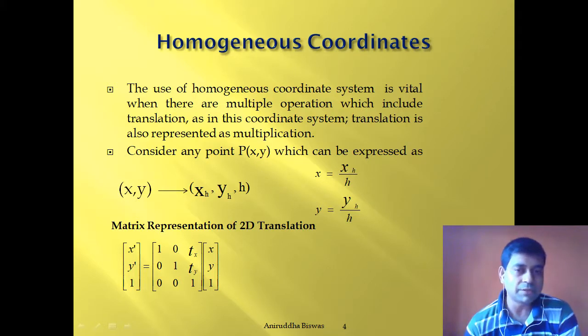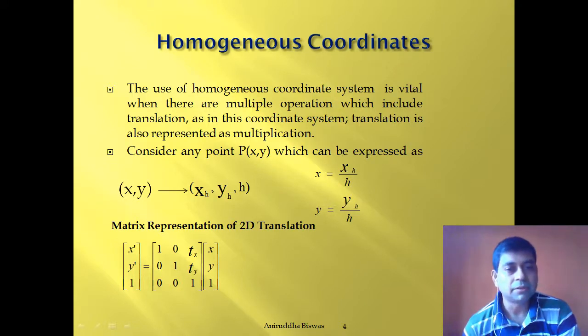If we want to represent this in a matrix form, in a 3 cross 3 matrix, then this is the other dimension that we have added as h. We simply divide h by h, so it gives 1, so that is why here we have 1.